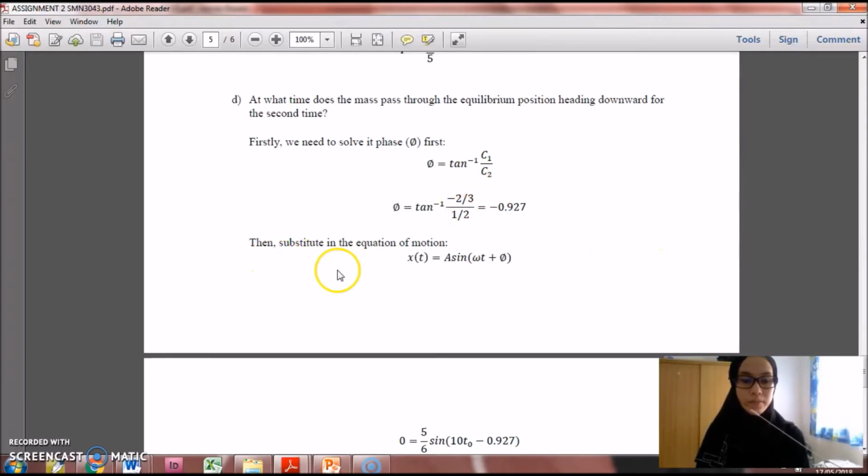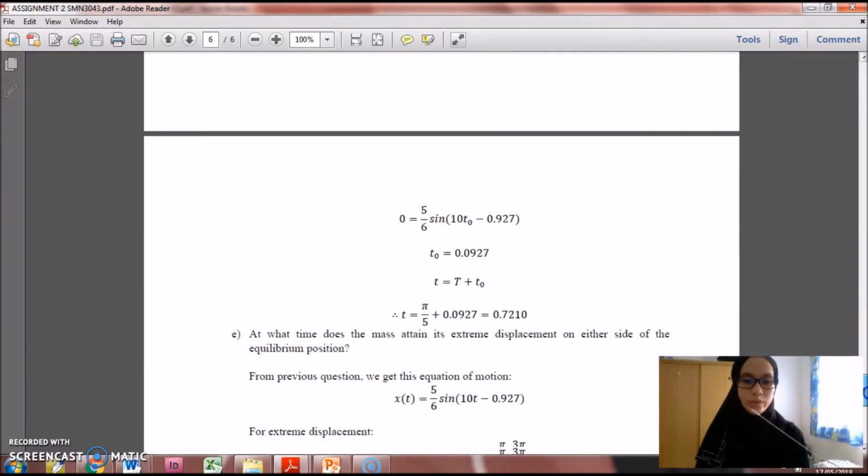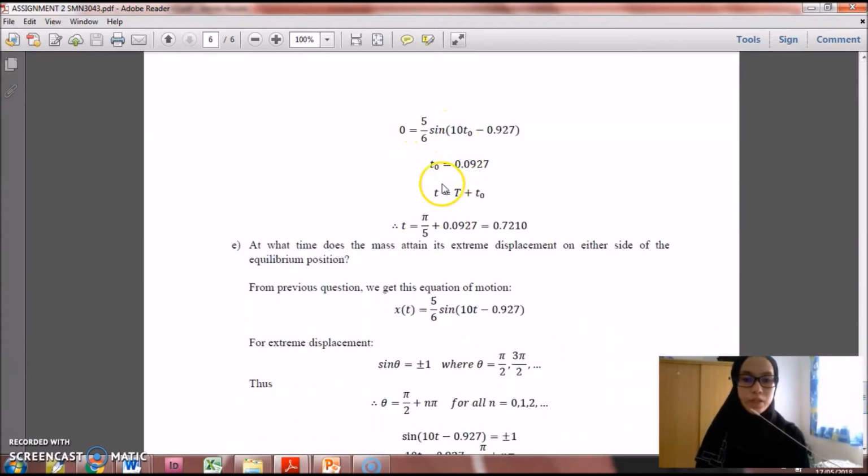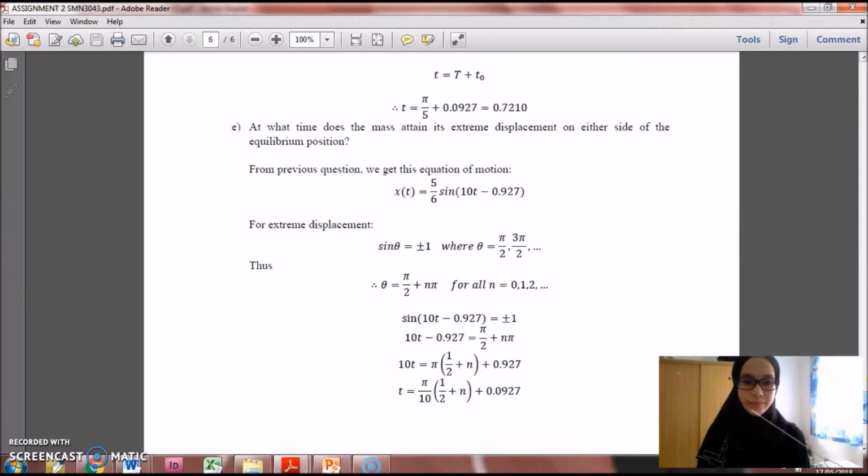Then we substitute in the equation of motion where x(t) is equal to amplitude times sine of omega t plus theta. So after we substitute in the formula, we get that t is equal to pi over 5 plus 0.0927, which gives us 0.7210 seconds. So that is the final answer.